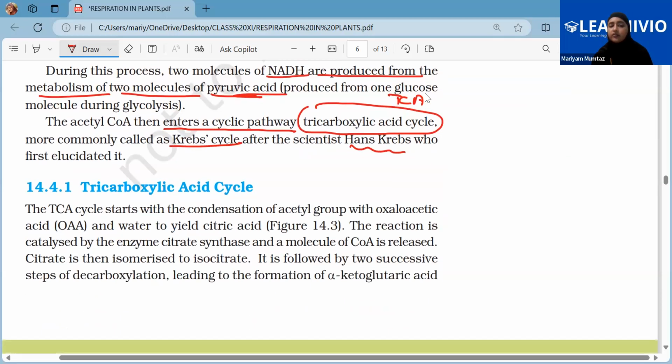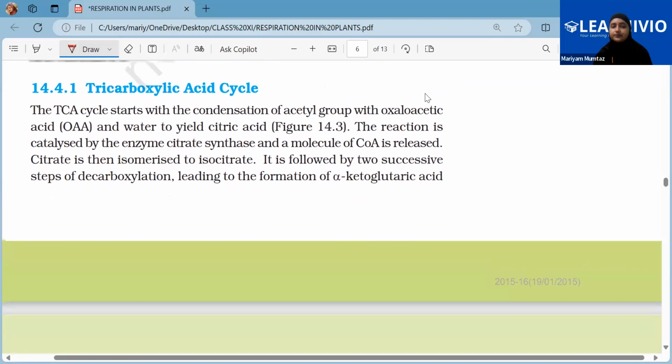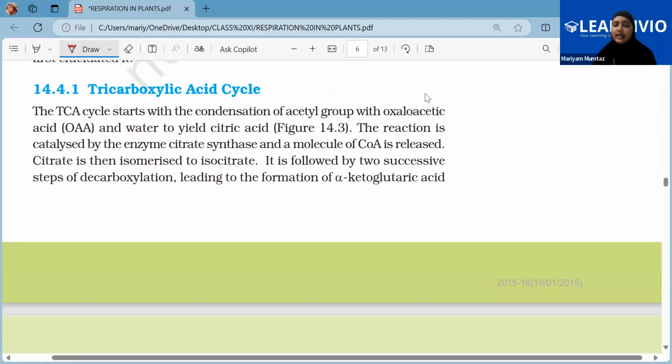Now talking about the tricarboxylic acid cycle, this cycle is also known as citric acid cycle, because the first molecule that is formed is citric acid. So it has three names: tricarboxylic acid cycle, citric acid cycle, or the Krebs cycle.